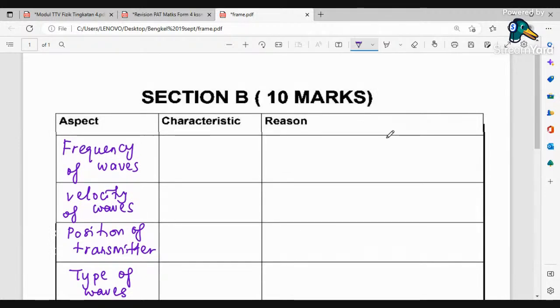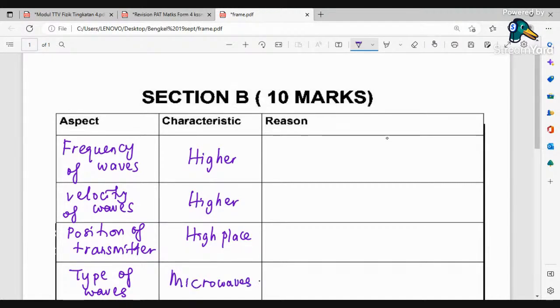Okay, now we add in the characteristic. Frequency of wave must be higher. Velocity of wave must be higher. Position of the high place. Type of wave, microwave. Okay.